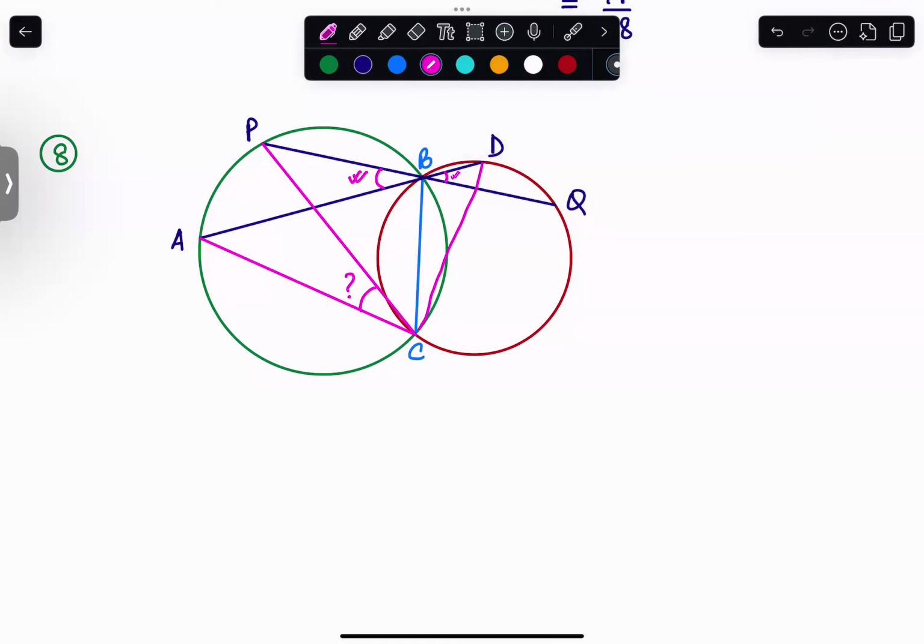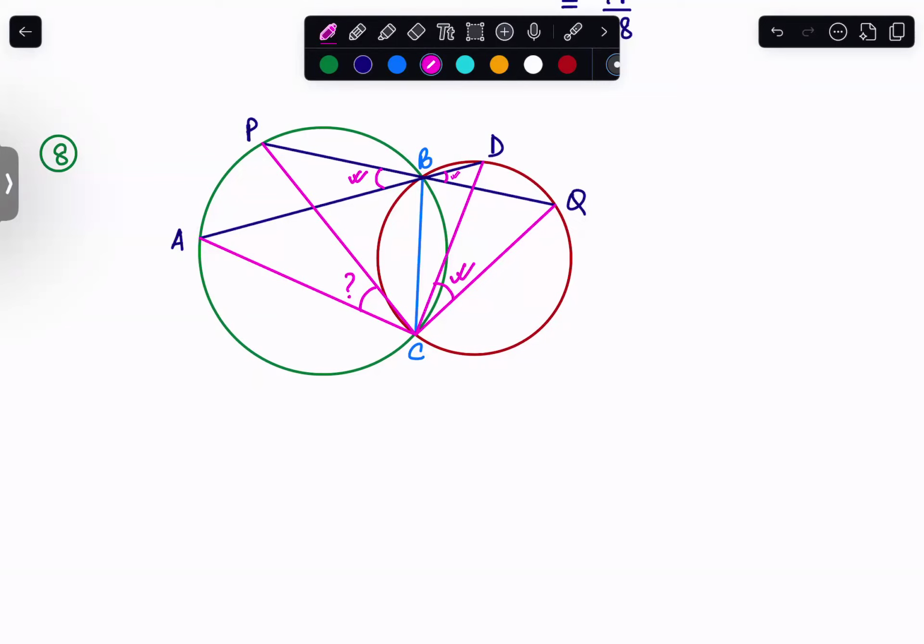Next, join DC and QC. So DQ arc already subtending a particular angle at B, C being again another point on the major arc about DQ. So even the angle over here also supposed to be the same angle.